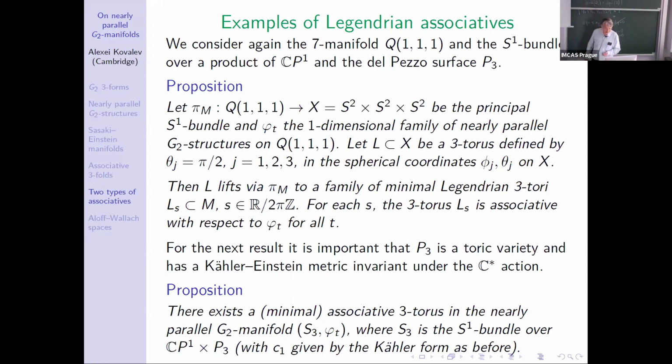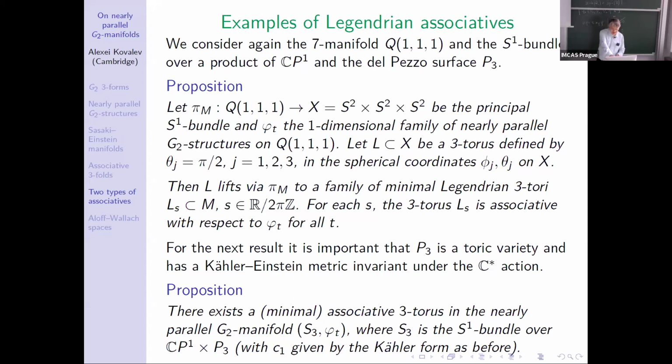So that allows us to make an anti-holomorphic involution, and then using the previous theorem, we conclude that there exists a minimal associative 3-torus in a nearly parallel G2 manifold. So this S3, which is CP1 times P3.